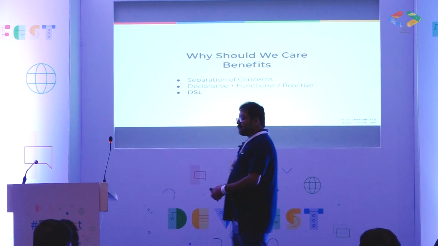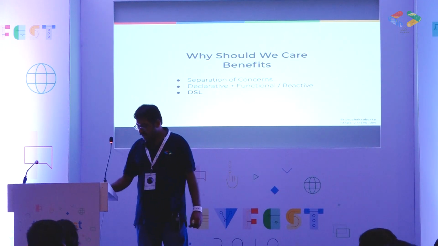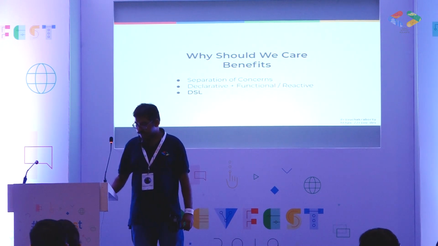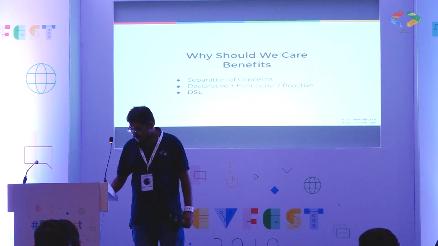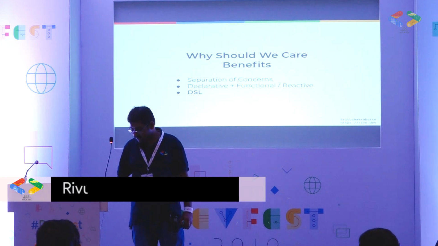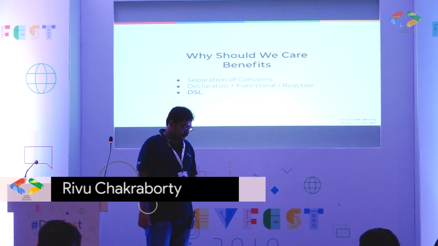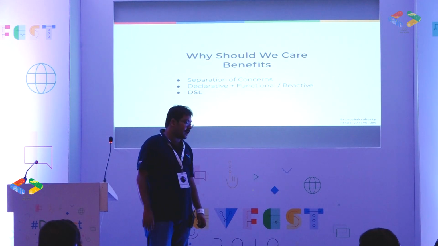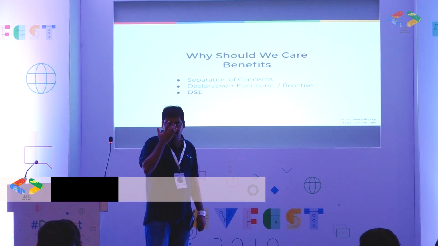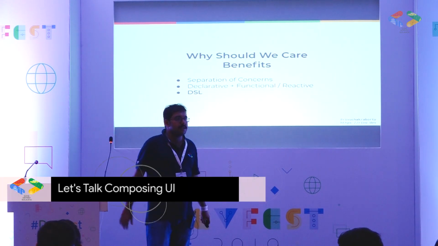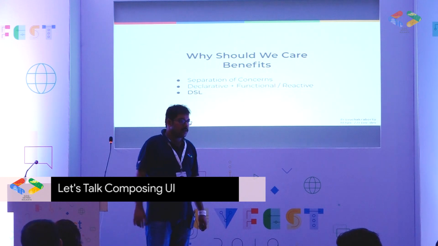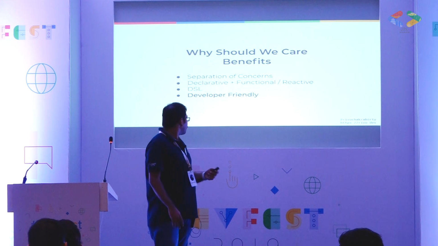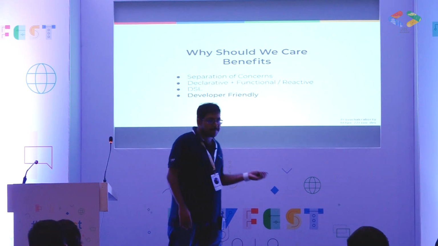Can anyone tell me the benefits of DSL? The benefit of using a DSL is that you define your own language, so it is pretty easy to read and write. It's like writing instructions rather than writing code. It's developer friendly.